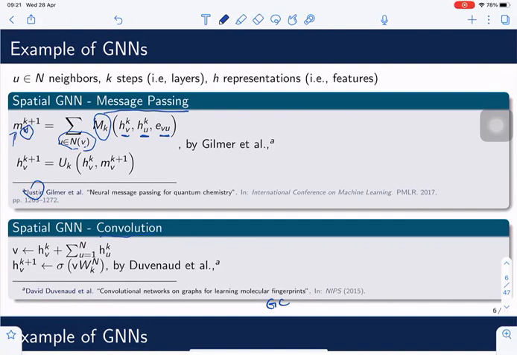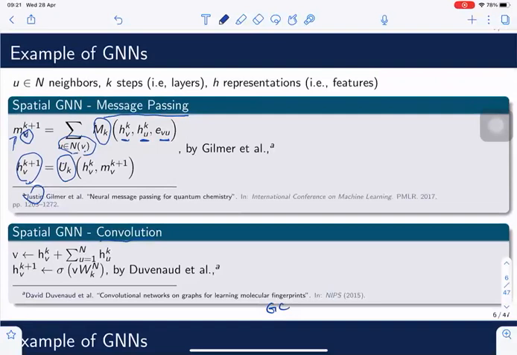After you get the message m, you want to compute the new representation for node v, right? So we need to use the update function. Here, we input the message m together with the node v's representation to generate the new representation h.